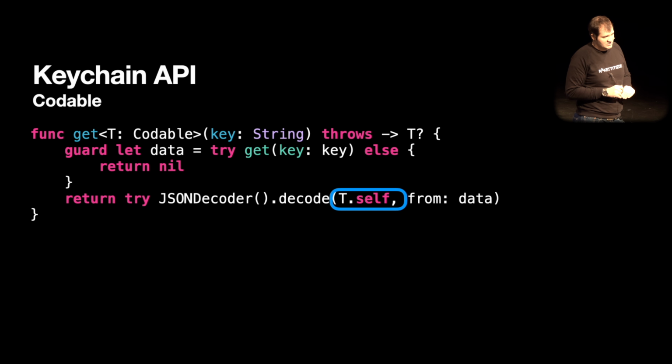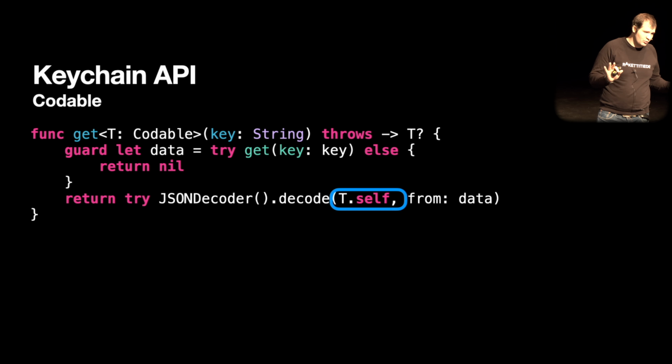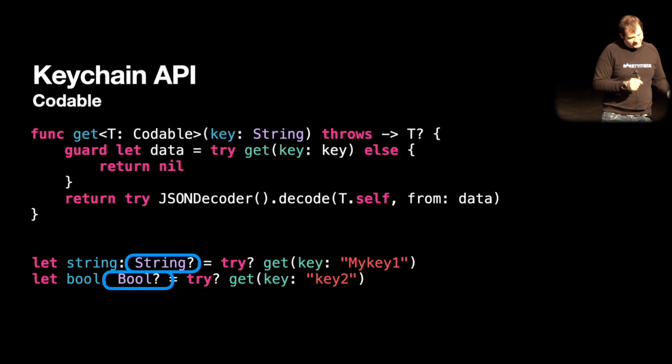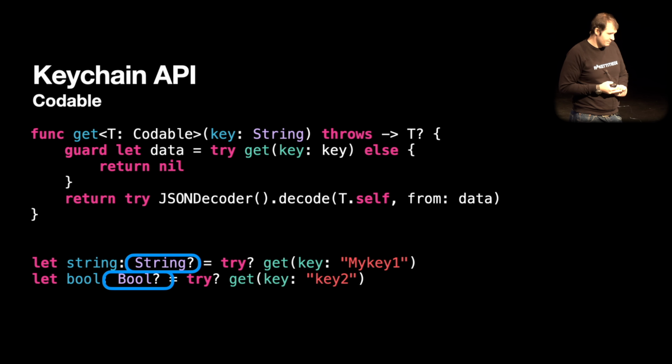So this will add support for structs, integers, booleans, everything that is conforming to Codable, custom types, everything you can shovel therein. This is the example usage. The only caveat is that you need to specify the type you want to receive when you query data, because the compiler cannot know what you want to receive. It has to know the type in advance at the compile stage.